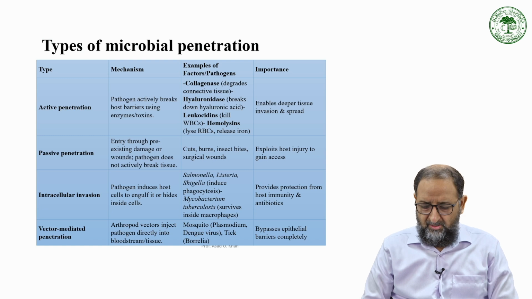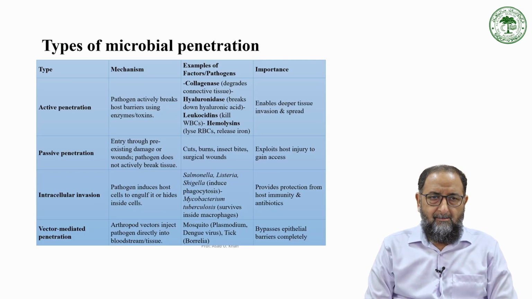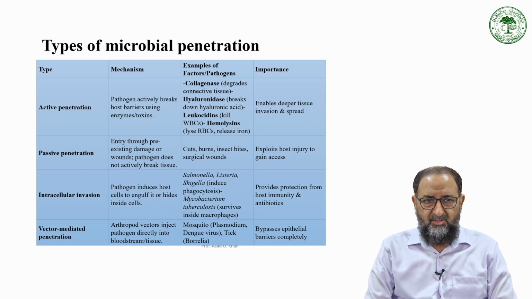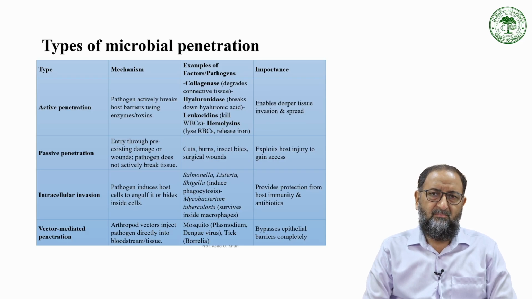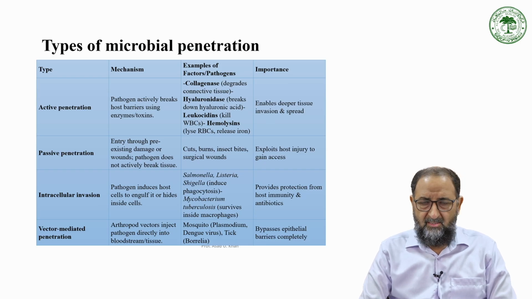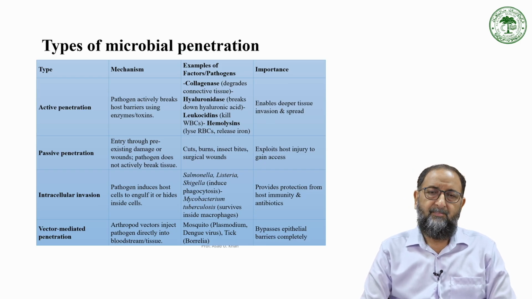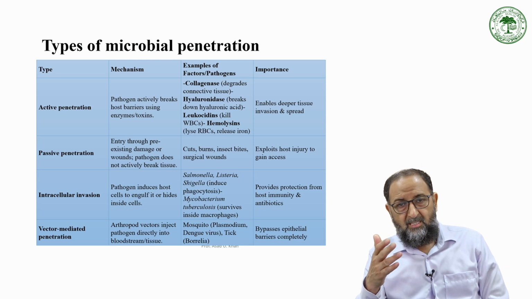Now, types of microbial penetration, like active penetration. The mechanism of active penetration is that a pathogen actively breaks host barriers using enzymes and toxins. What are the barriers? In the cellular system there are a lot of barriers, like the blood-brain barrier and many other cellular barriers: cell wall, plasma membrane, and peptidoglycan in the case of bacteria.